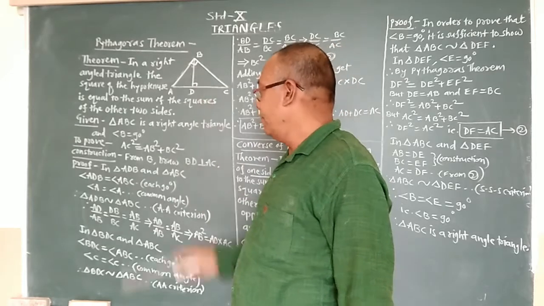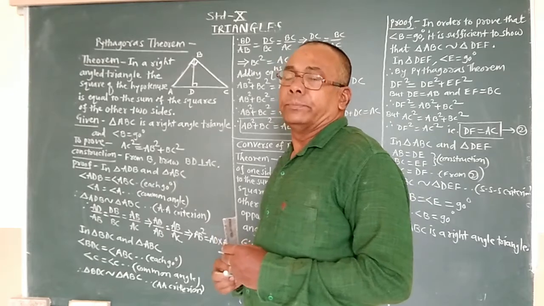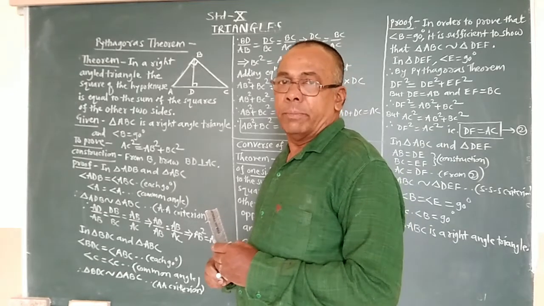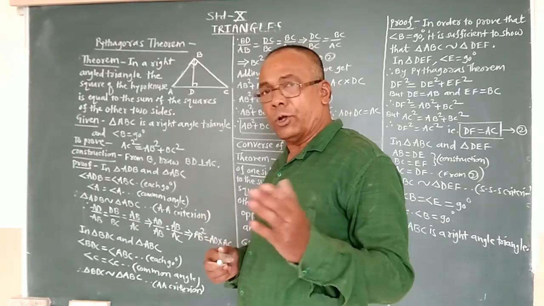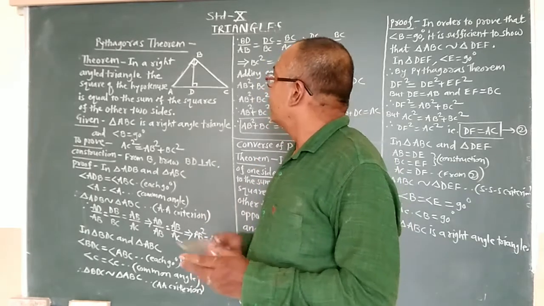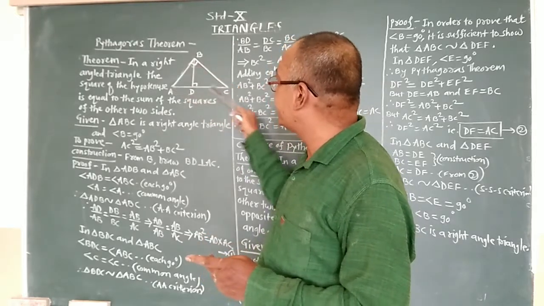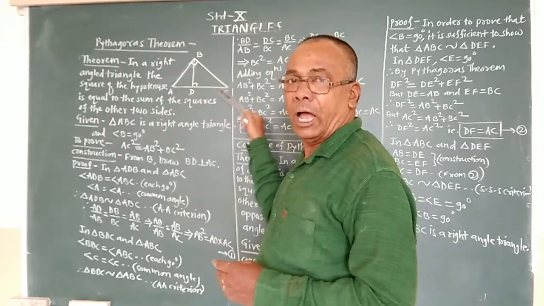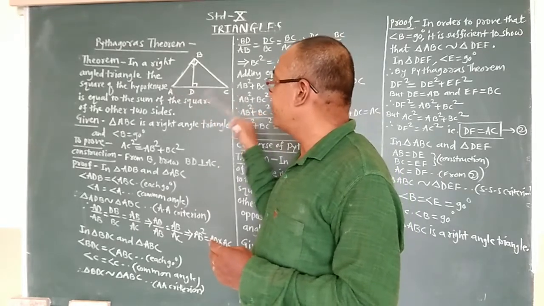To prove that, what is our proof? Means the square of the hypotenuse. If B is the 90 degree, then its opposite side, that is AC, is the hypotenuse. So square of the hypotenuse is AC square.